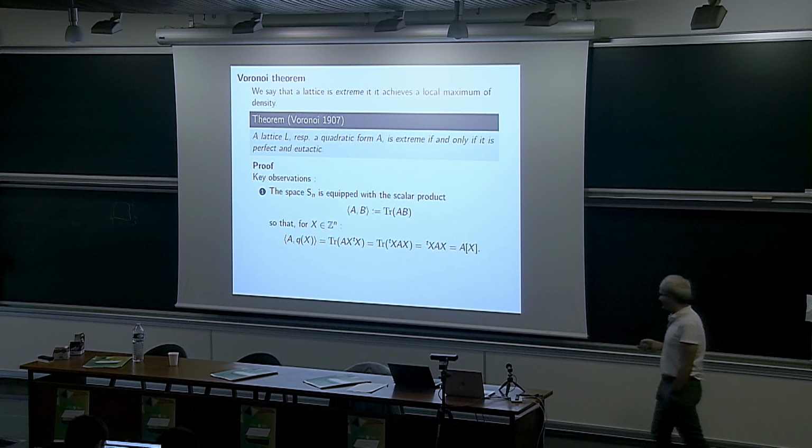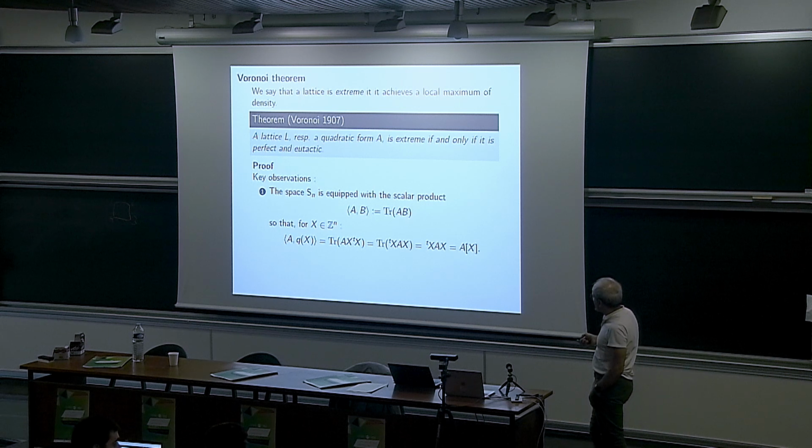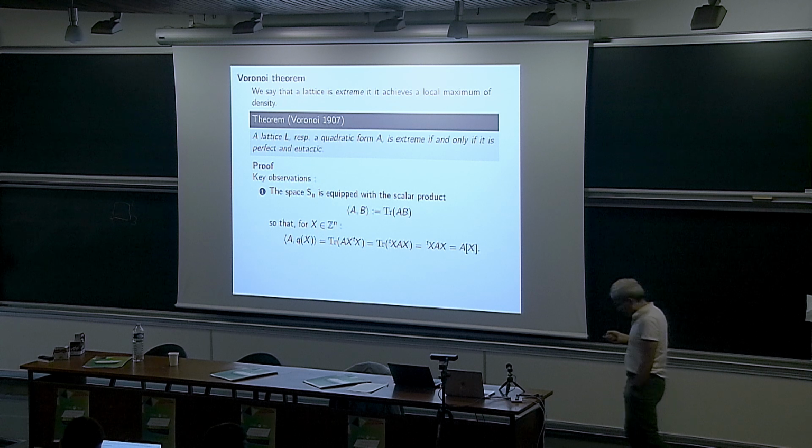And there is the following completely elementary but essential remark, which is that when you consider this scalar product with A being any quadratic form and B being one of these rank 1 symmetric forms associated to a vector, not necessarily integral, by the way. Here I do the computation for an integral vector, but it works for any vector.